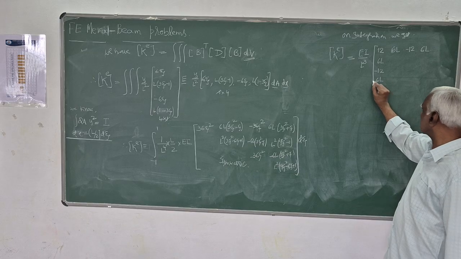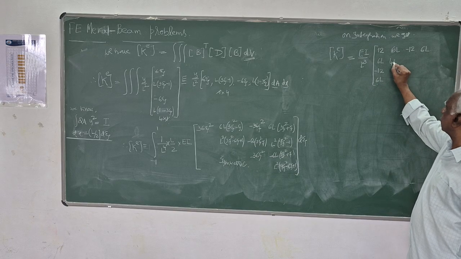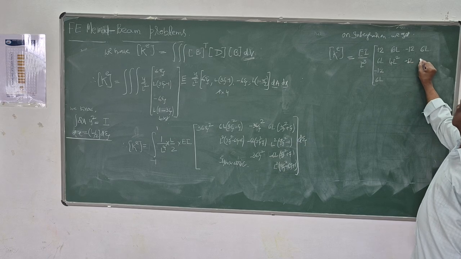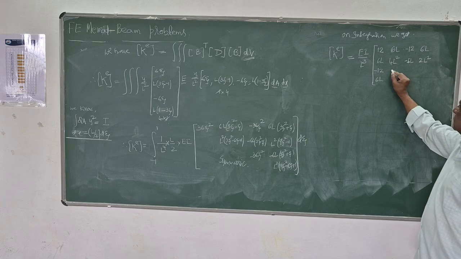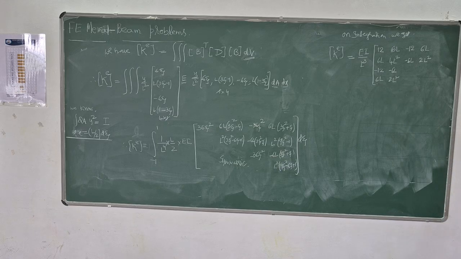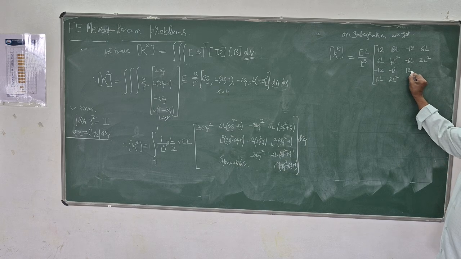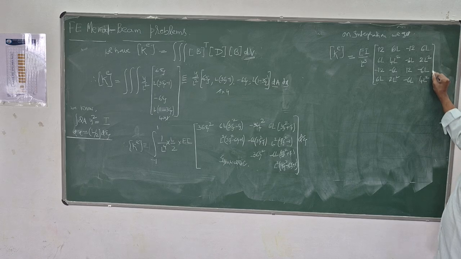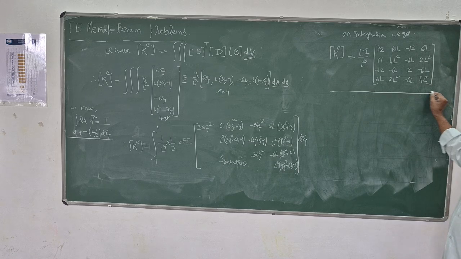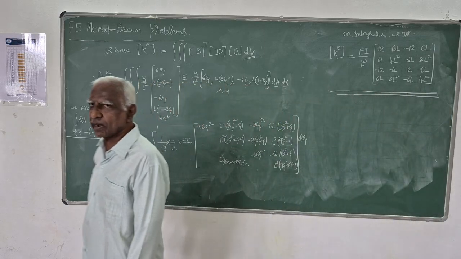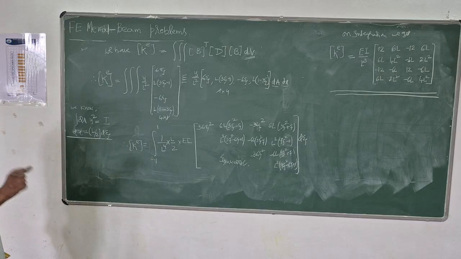You get 6L. Here you will get 4L square. This minus 6L. This will be 2L square. This is minus 6L. This is 2L square because it is symmetric. This is 12. This is minus 6L, minus 6L, 4L square. This is the final expression for the stiffness matrix of a beam element.